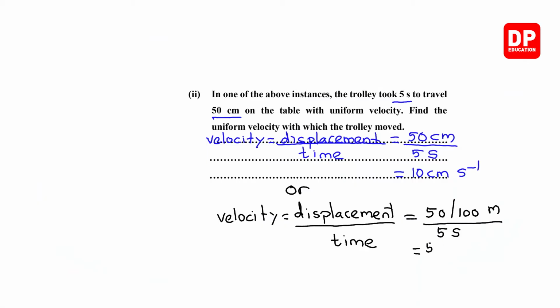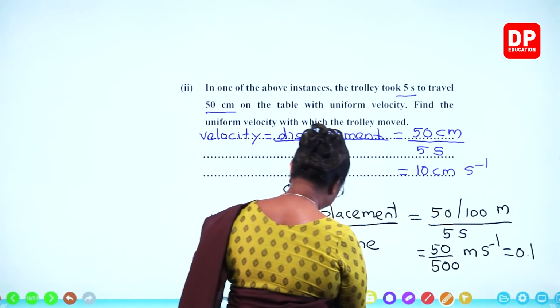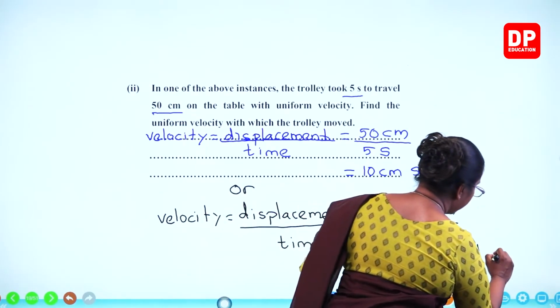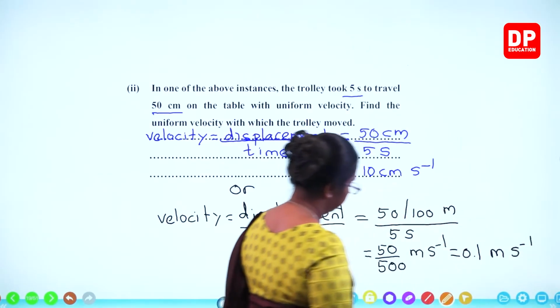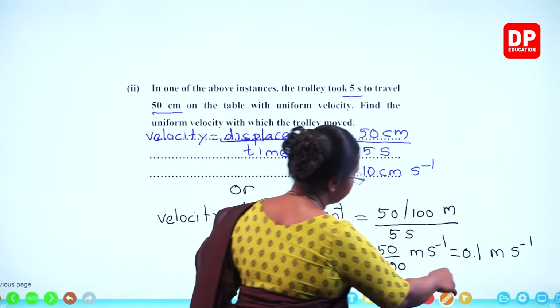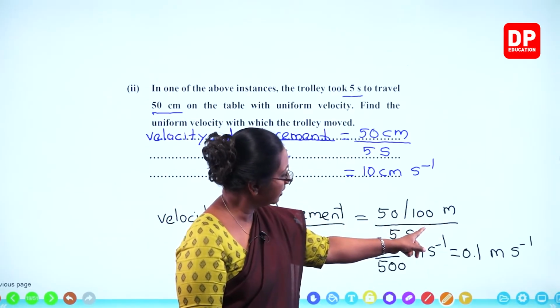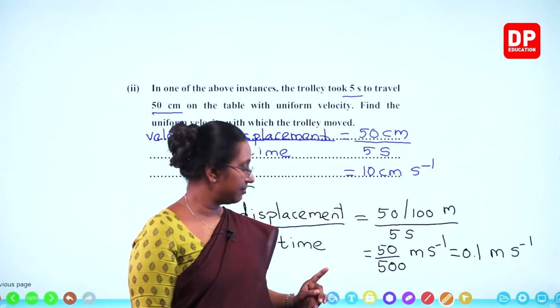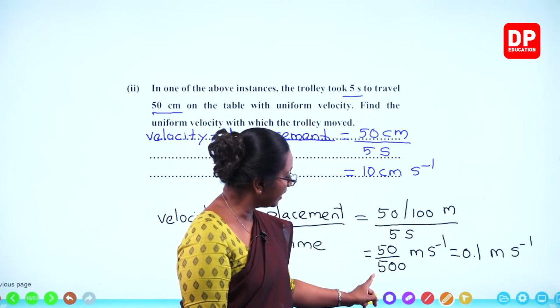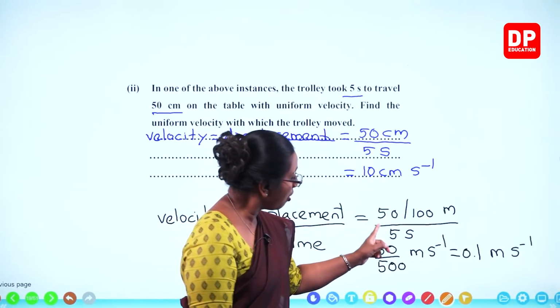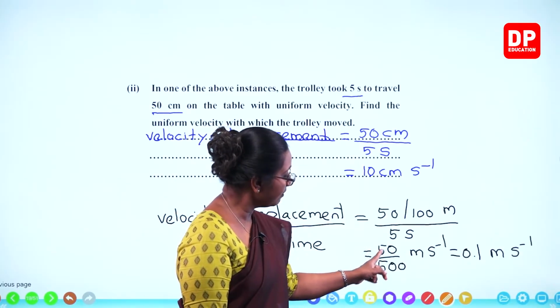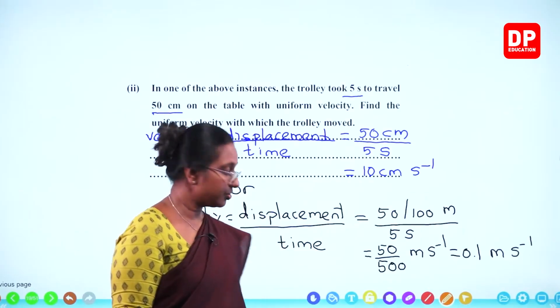That will be 50 over 500 meters per second. That is 0.1 meters per second. So here you can do this way as well. You can convert it to meters. So 50 divided by 100, then you divide it by 5 seconds. So 50 divided by 500 when you rearrange, or you can get it as 0.5 divided by 5 seconds. That is also okay.